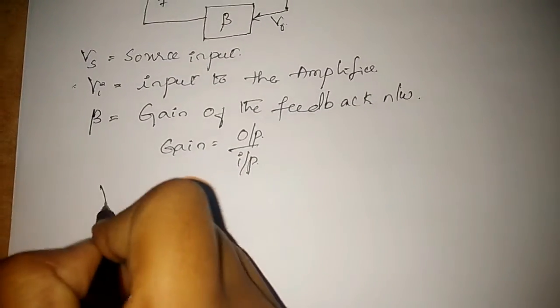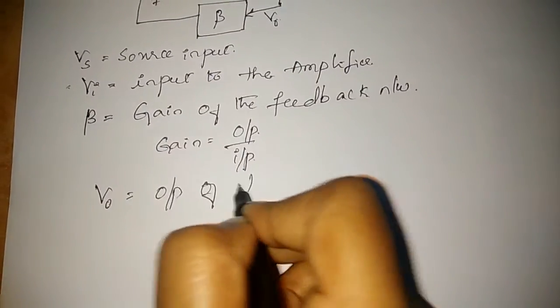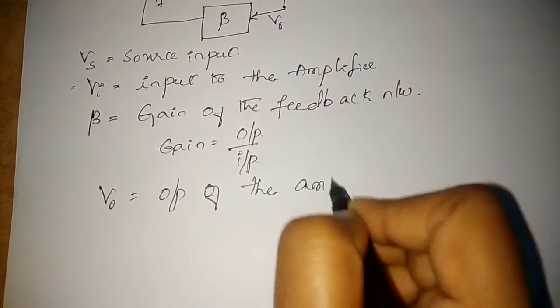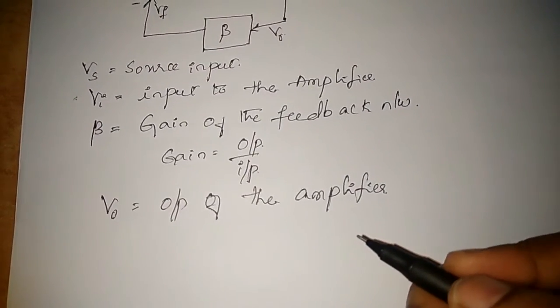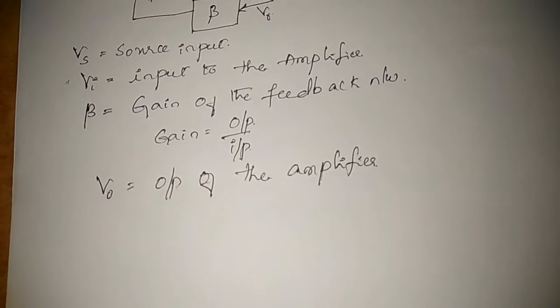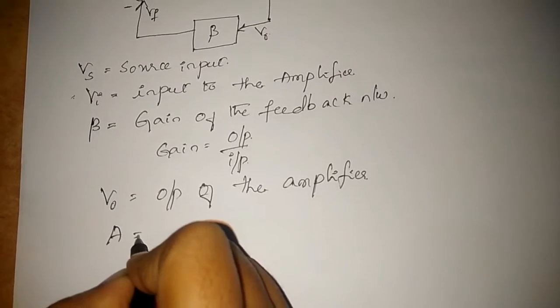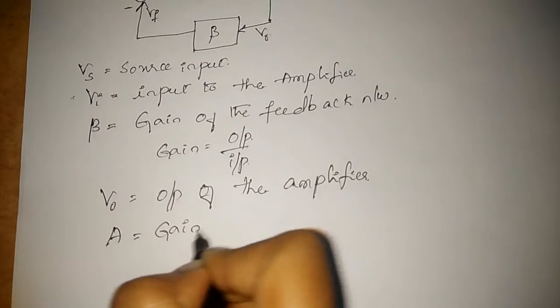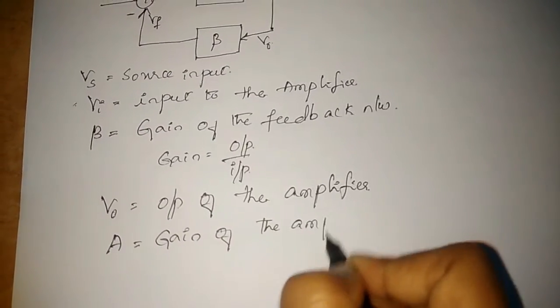Next we have V naught, which represents the output of the amplifier, and A, which represents the gain of the amplifier.